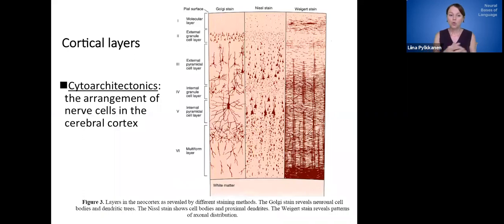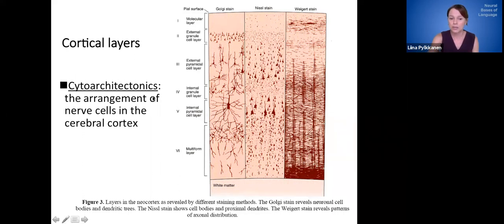Now the cortex further has a complex structure of different types of nerve cells. I haven't gotten into the different types of nerve cells in detail, but there are different types of neurons and they're arranged into layers in your cortex. Not all parts of the cortex are the same when it comes to these layers, so the layering structure differs between regions.